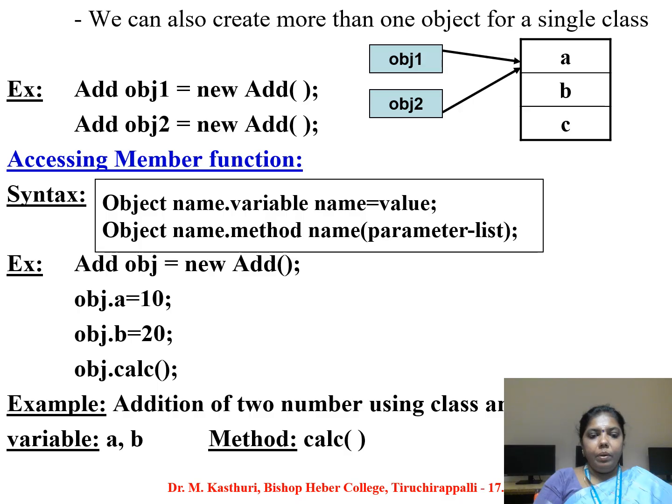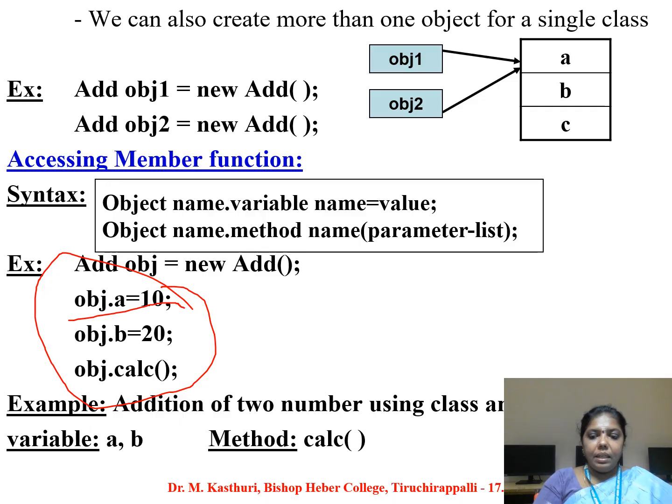Then only you can access, initialize or display the external variable. You specify the object name, then the dot symbol, then the variable name equal to 20. This part is helpful to access variables and methods available in an external class.